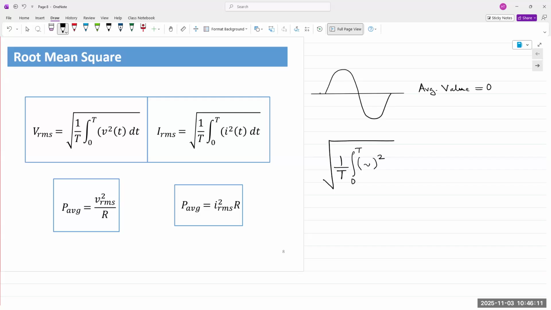So we came up with a quantity to describe the average value of the waveform. And that came to be known as the root mean square. It literally is the square root of the mean of the square of the waveform. And the acronym for this is RMS.